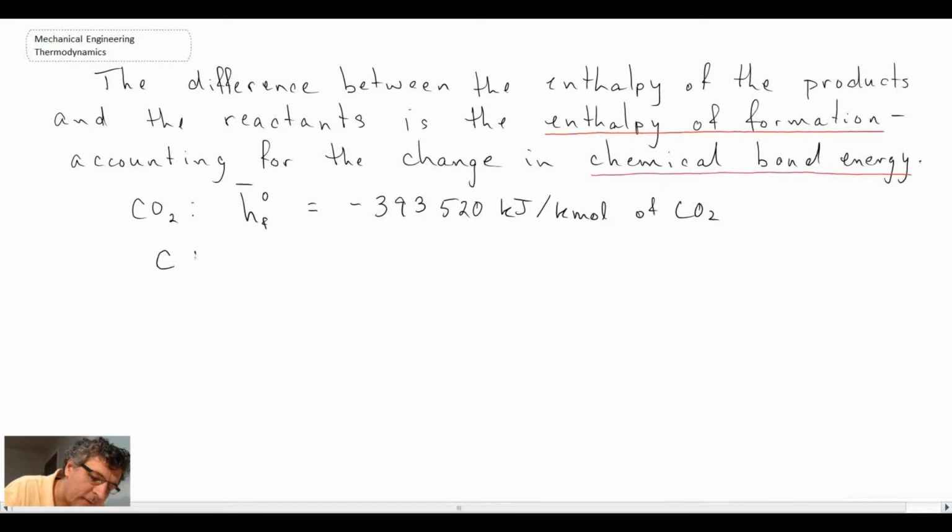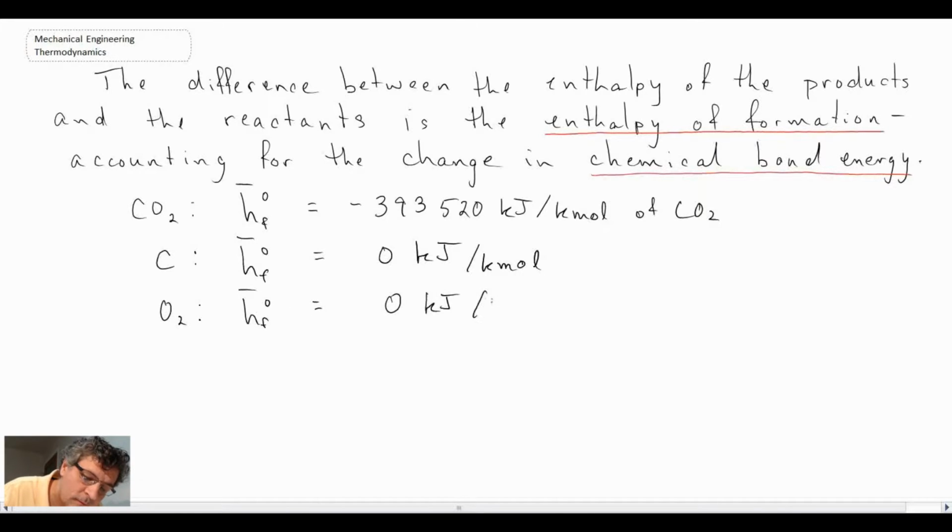First of all, for carbon, we find it to be 0, because remember this is one of the substances or elements that I said was the basic foundation or building blocks for everything in our heat of formation or enthalpy of formation table. For diatomic oxygen, and so those are the ones that we have for a reaction.